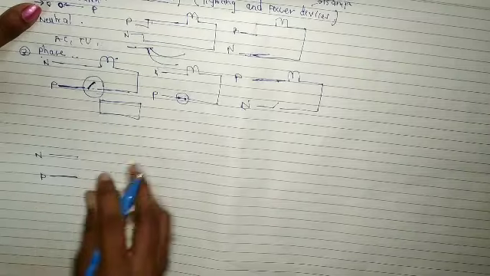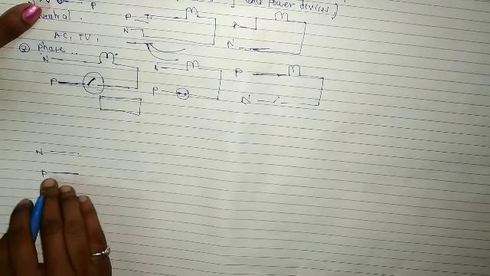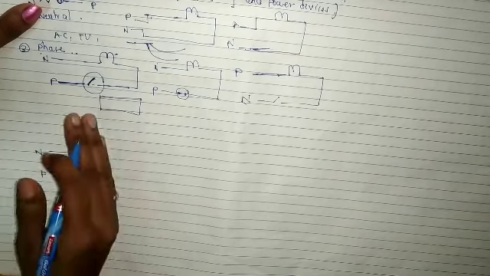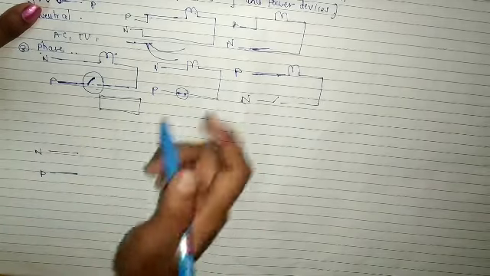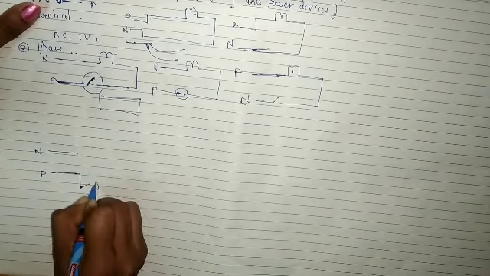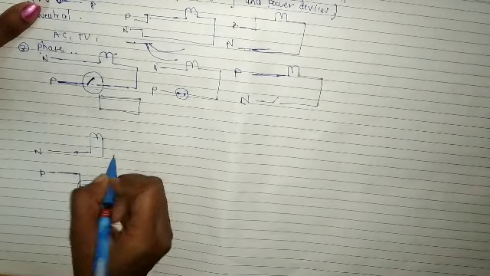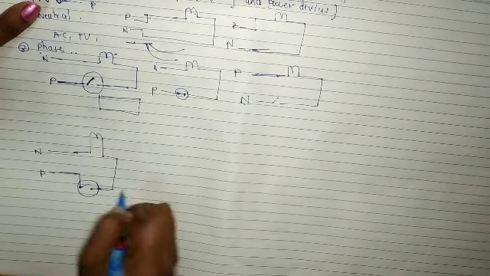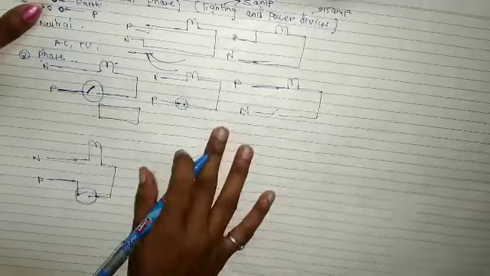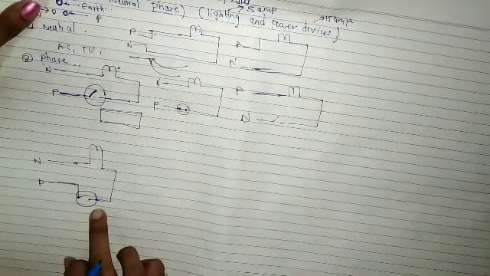As we learnt in the Indian electricity rules, phase should always go to the switch. So this is our switch, phase is always given to the switch, and this is the bulb. What is this diagram for? One lamp and one switch.